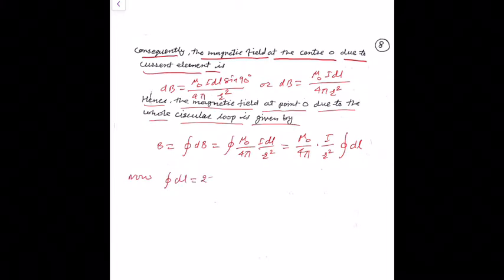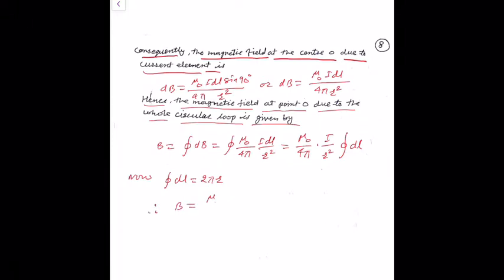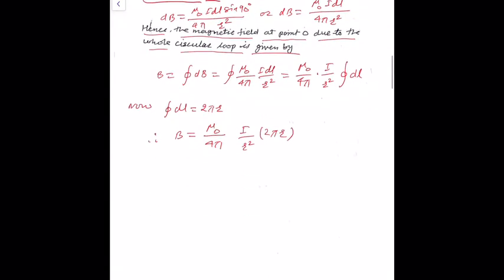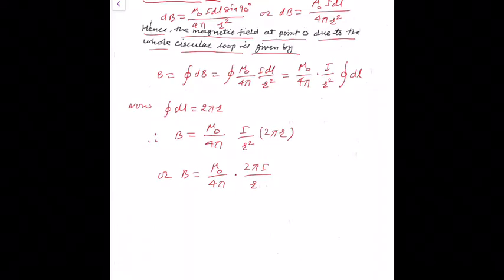Now closed integral dl is equal to 2 pi r, the circumference of the loop. Therefore B is equal to mu naught upon 4 pi, I upon r square, 2 pi r, or we can write B is equal to mu naught upon 4 pi into 2 pi I upon r.